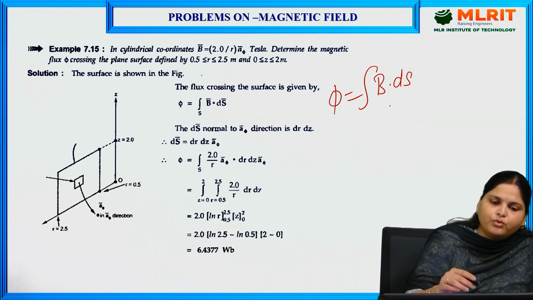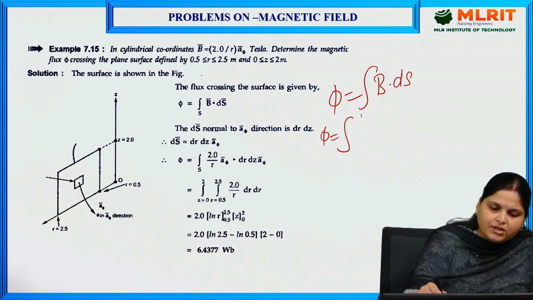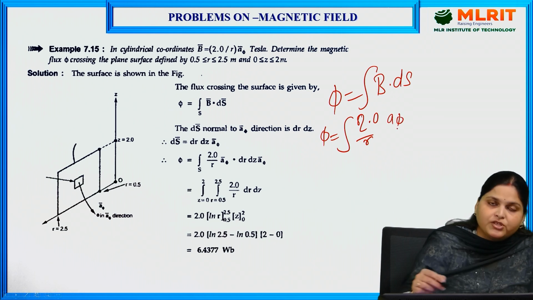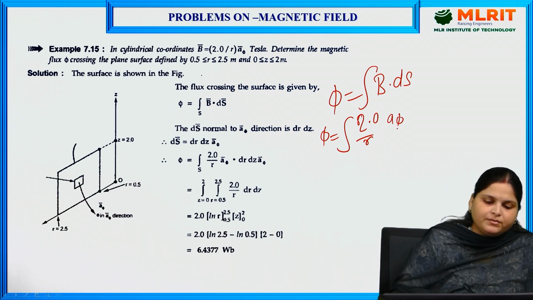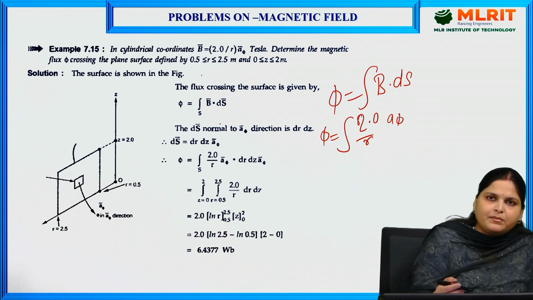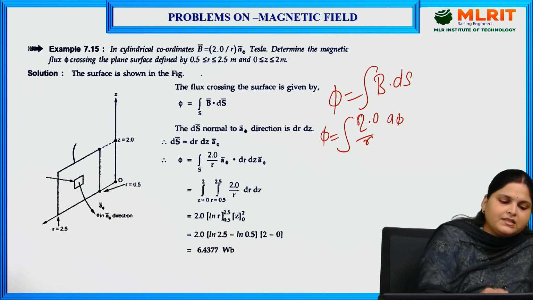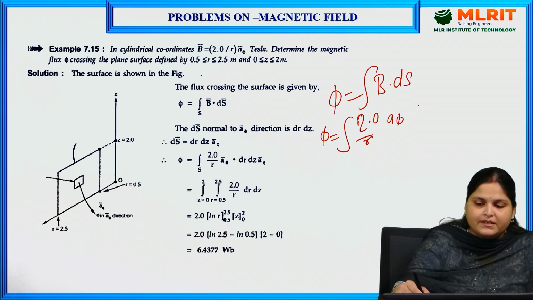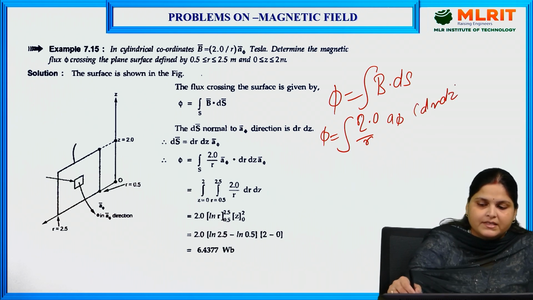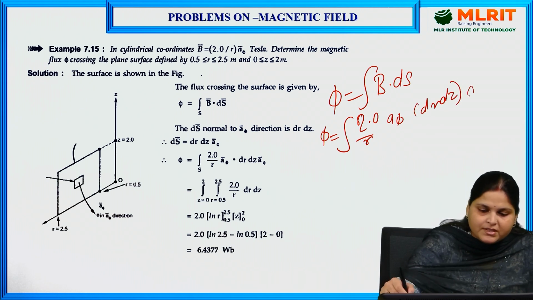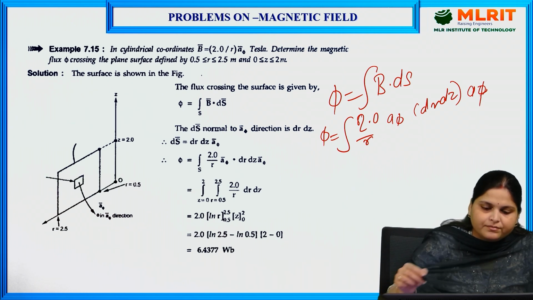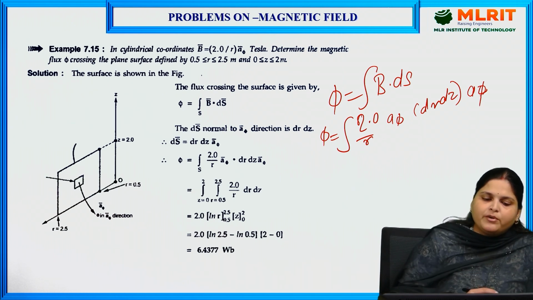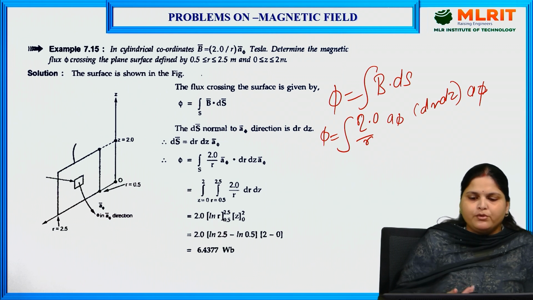B is equal to 2.0 by r, so let us put it directly: 2.0 by r, and the direction is a_phi. ds can be written directly as dr dz, because it is extending in the r and z directions, and the direction is the a_phi direction. We know the dot product of a_phi and a_phi will be 1.